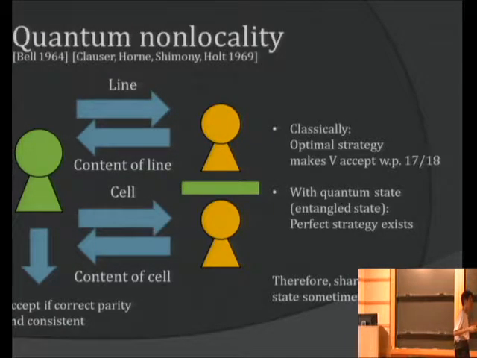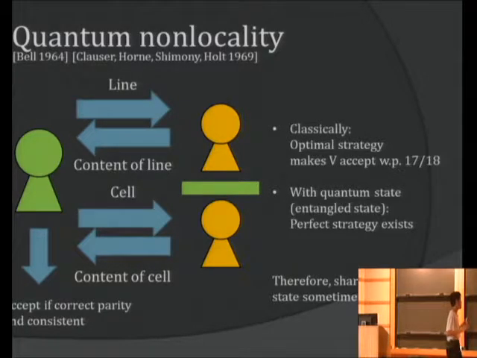So just a question about it. They are allowed to measure the state before answering the verifier? Yes. So they first share some state in a quantum setting. They first share the state and receive the question, and measure their share of the state depending on the question.